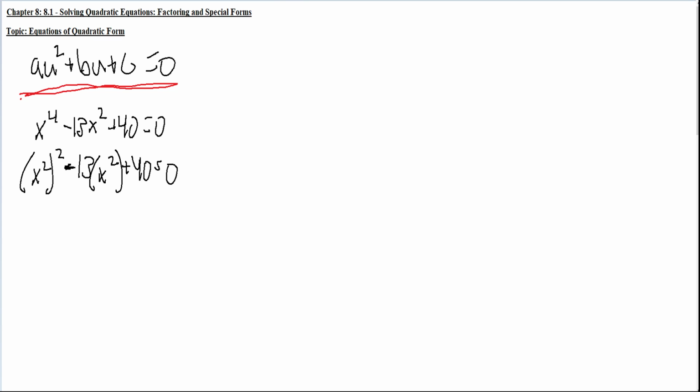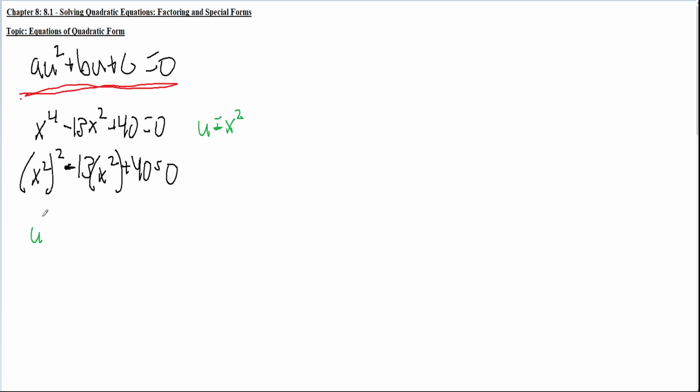I'm going to let u equal x squared. And that will allow me to rewrite this equation that's in the power of 4 back down into the quadratic form.